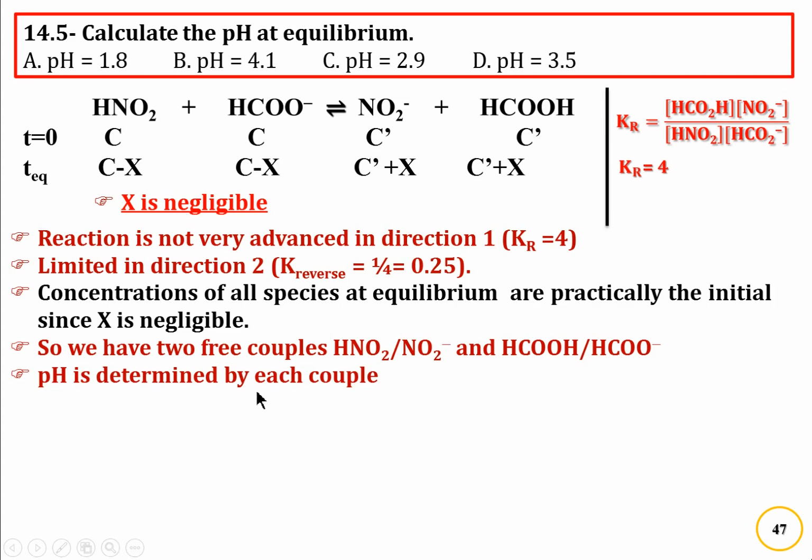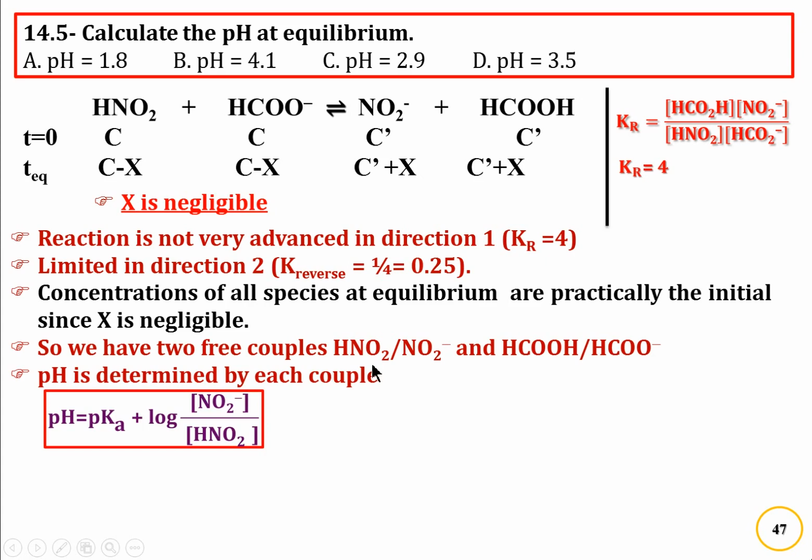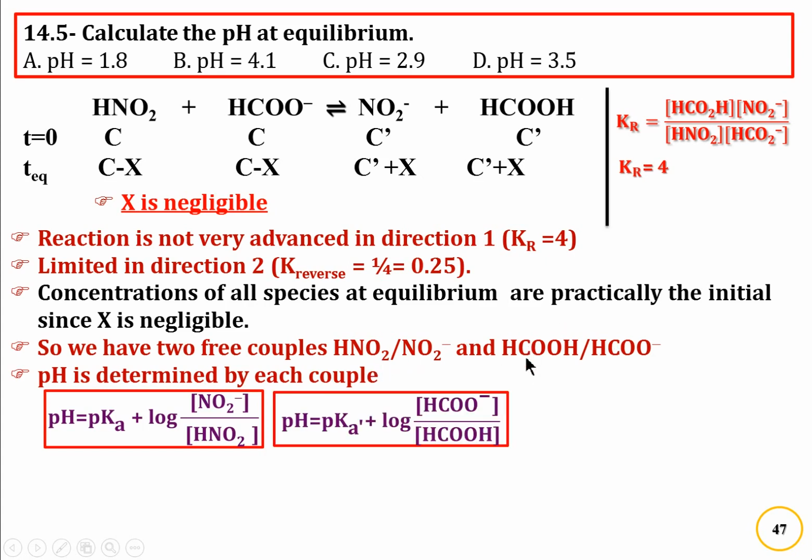So the pH is determined by each of the couples, so we can apply the Henderson equation on the first and the Henderson equation on the second. On the first, pH equals pKa plus log base over acid, and for the second, pH equals pKa prime plus log HCOO minus divided by HCOOH at equilibrium.